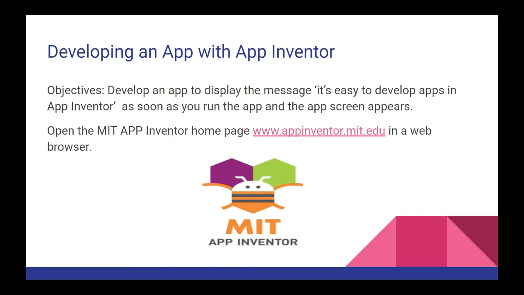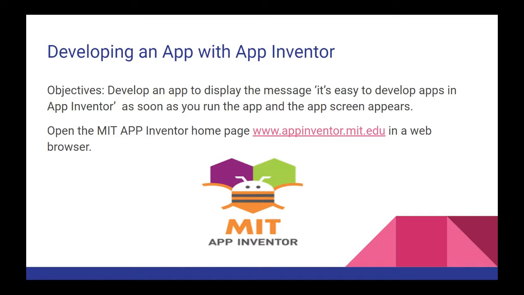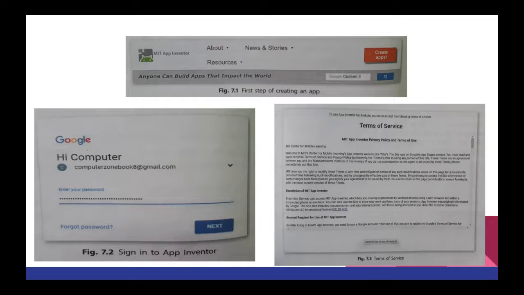So let's see the steps they have given. The first step of creating an app: open the main MIT App Inventor homepage. Using this link, click on Create Apps.